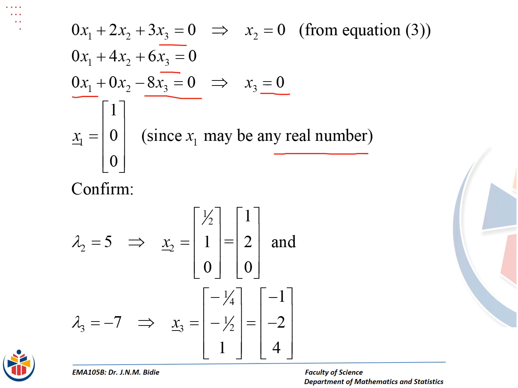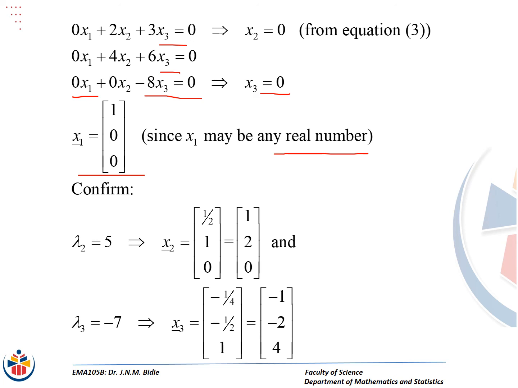Hence, we say let x1 be equal to 1. It can be any real number. Therefore, our first eigenvector is 1, 0, 0. Remember, we could not just simply say x1 is equal to 0 because we did not calculate it. Where would we get the value x1 equal to 0 from?